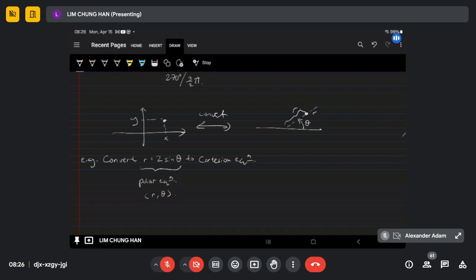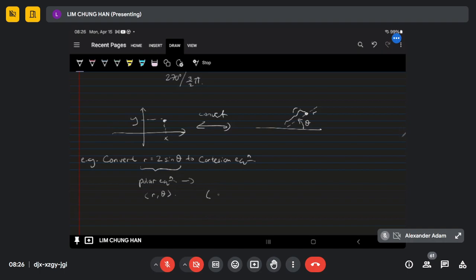So what I want you to do is take this function, or this curve, and convert it to Cartesian. If I convert to Cartesian, what does that mean? Yeah, correct.